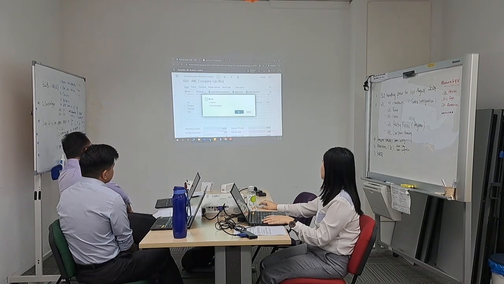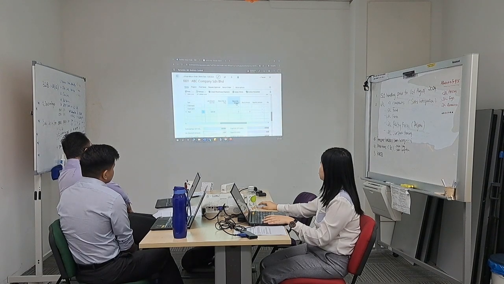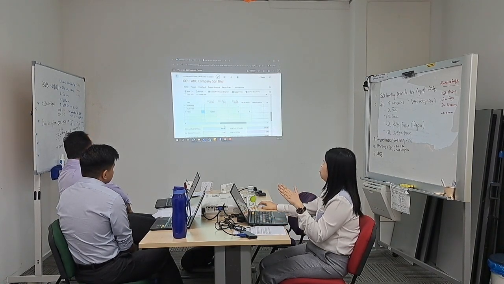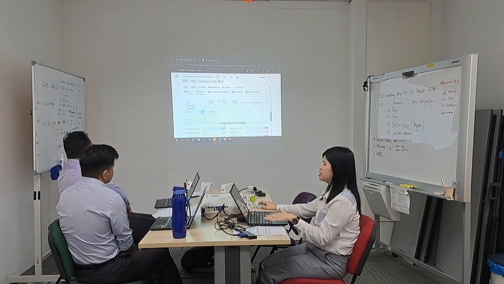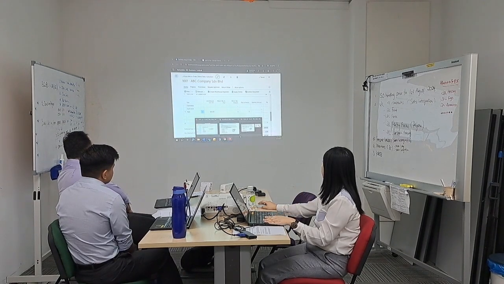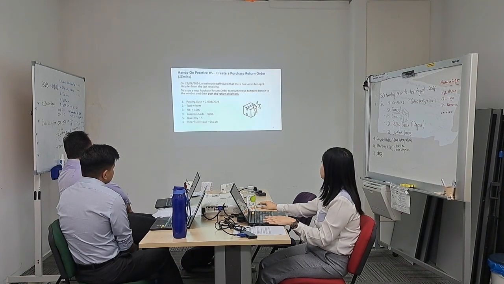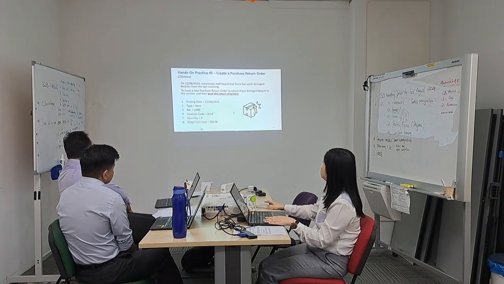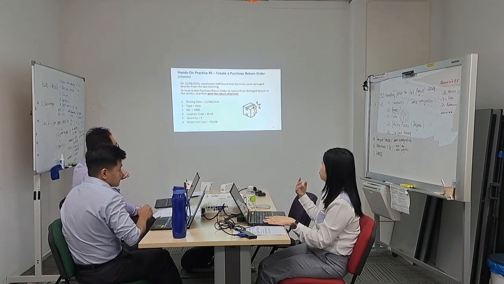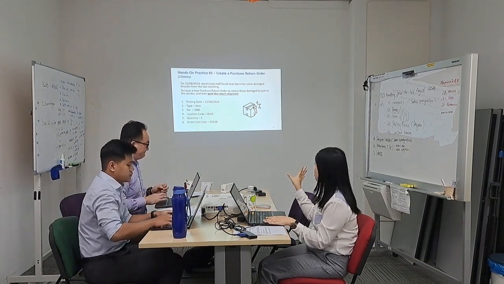So just ship. The return quantity shipped is 2. Then this is how we do this return order. You can try now to create one return order, and then post the shipment.